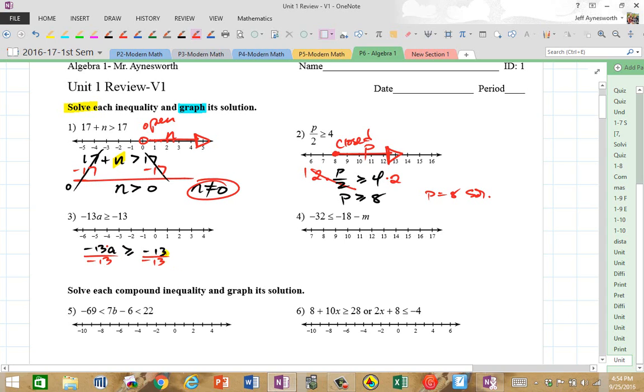If you divide by negative 13 on both sides, negative 13 divided by itself is 1, and 1 times a is a. And remember, when you divide by a negative, you have to switch the inequality. Let's write that down: when dividing by a negative number, switch the inequality.